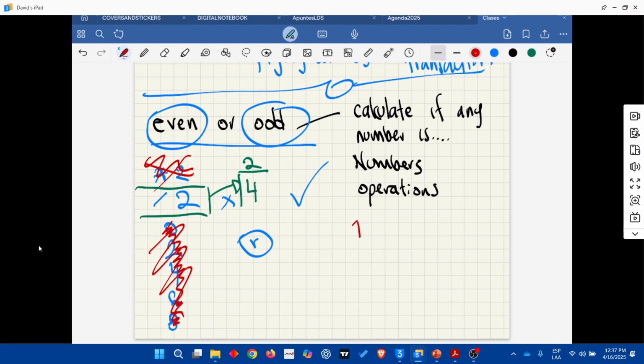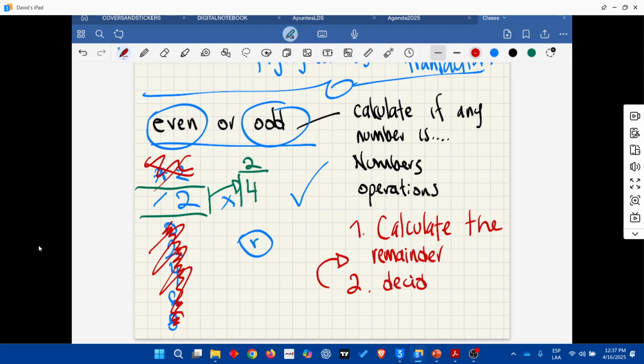The first one, you are going to calculate the remainder. And the other part, according to the remainder, you are going to decide if the number is even or not.